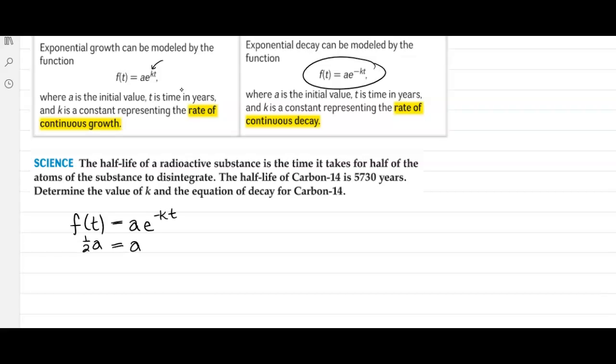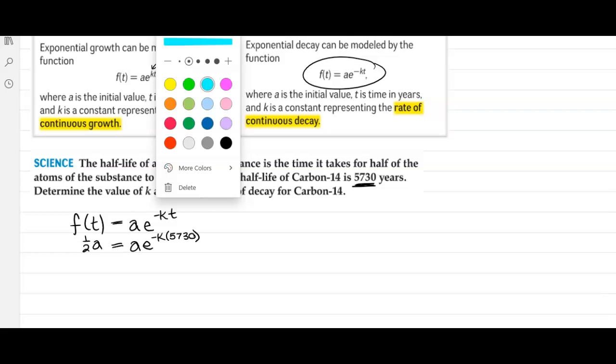So we put half A on this side. Then we have e to the negative k, and we also know time, 5,730.